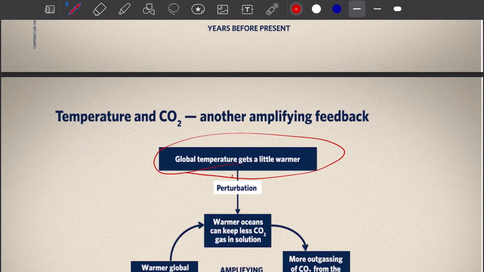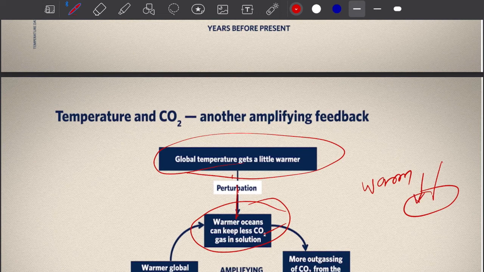It will simply increase the global temperature. Okay, if there is an increase in global temperature, the ocean will become warm. We know that warm water has less dissolution property, so there is less dissolution of CO2. In warm water, CO2 will dissolve less.